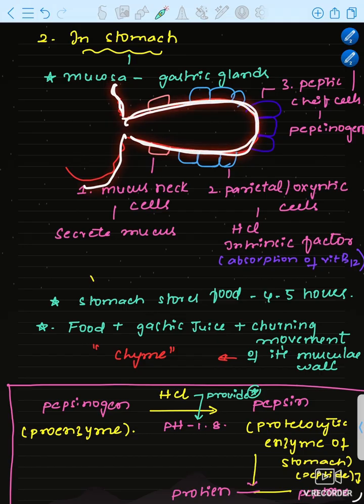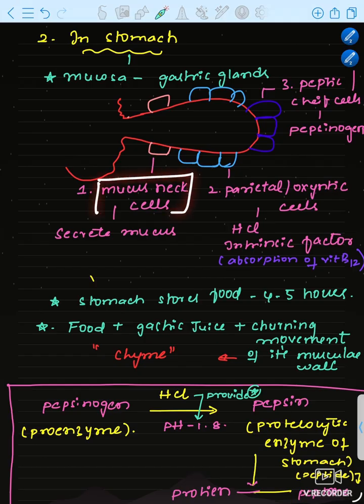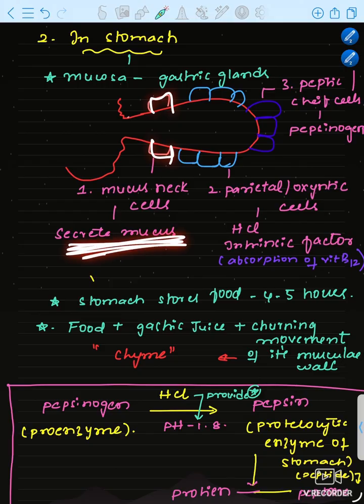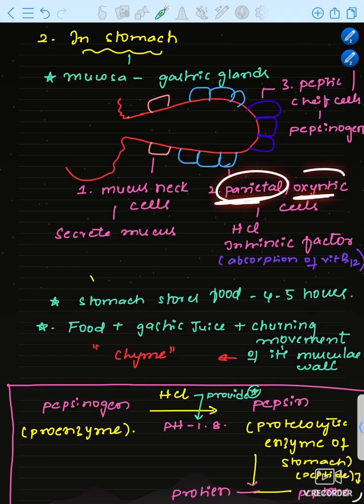Gastric glands have 3 types of cells. First one is the mucous neck cell, present near the neck in the beginning. It secretes mucus. Next, remember, oxyntic cells, the parietal cells. They release HCl and intrinsic factor.